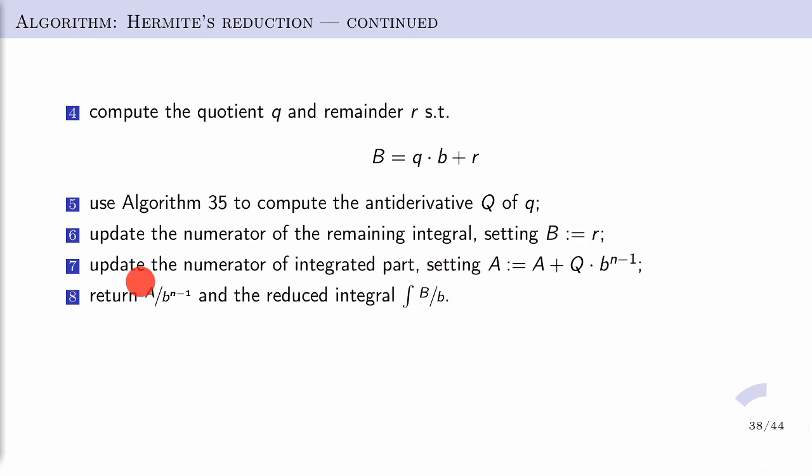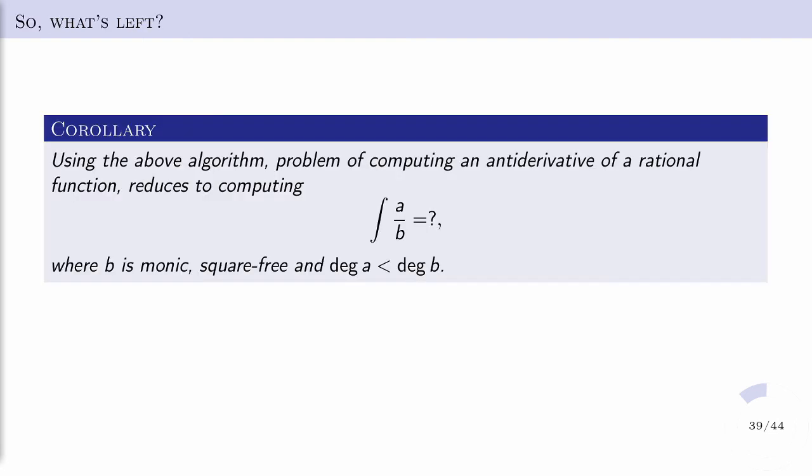So these two guys are the result of our algorithm. So after we apply this Hermite reduction, we are left with the integral of this form, A over B, where B is just a square-free and monic polynomial.